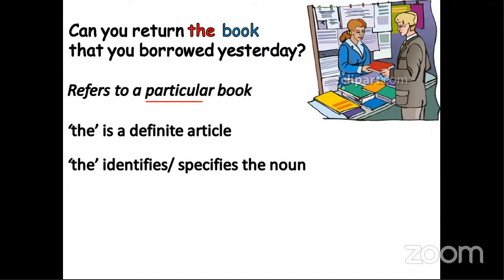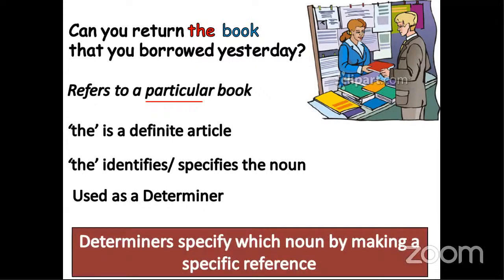So the is used as a determiner here. So we can say determiners specify which noun by making a specific reference. In the previous example we saw they specify which noun by making a general reference. Here we saw they also specify which noun by making a specific reference.